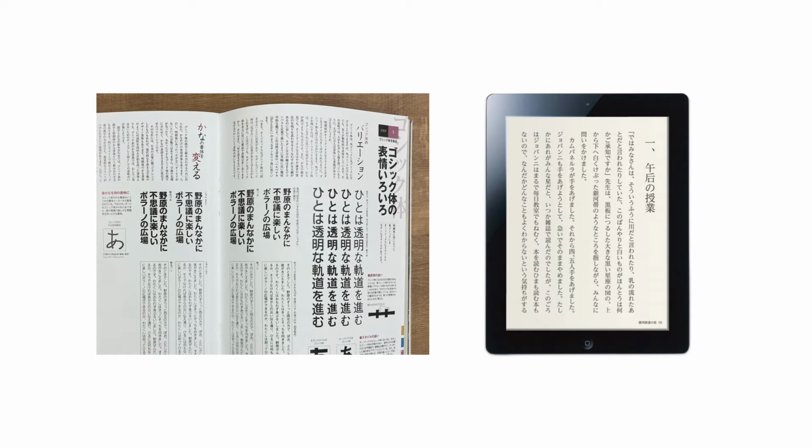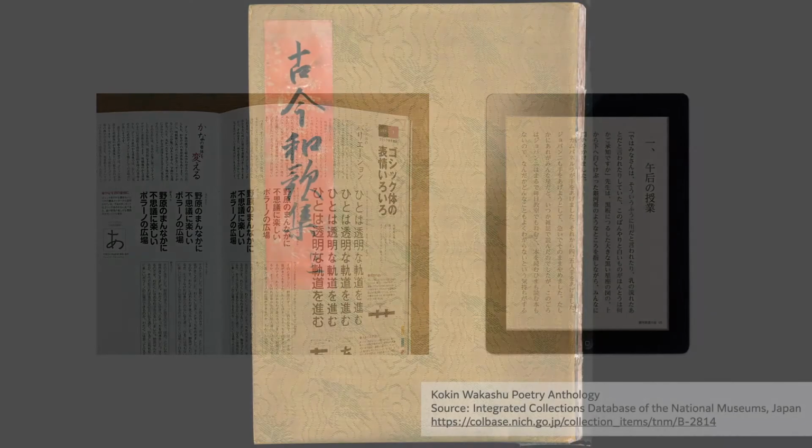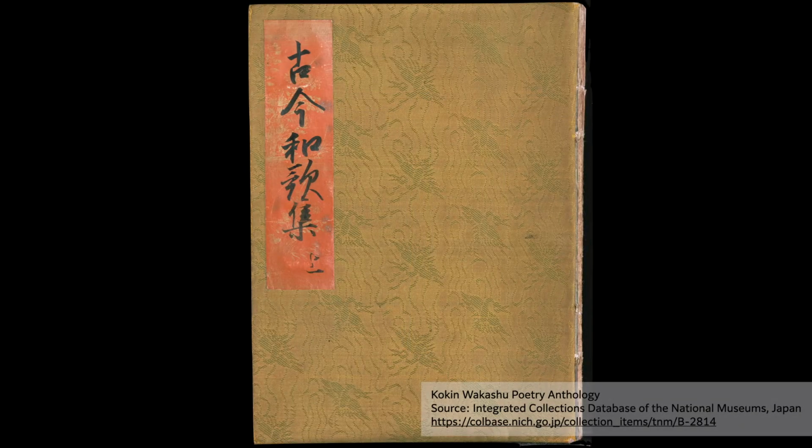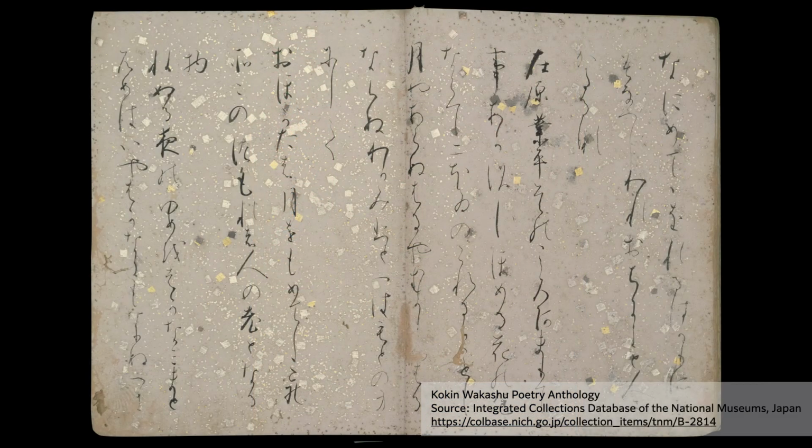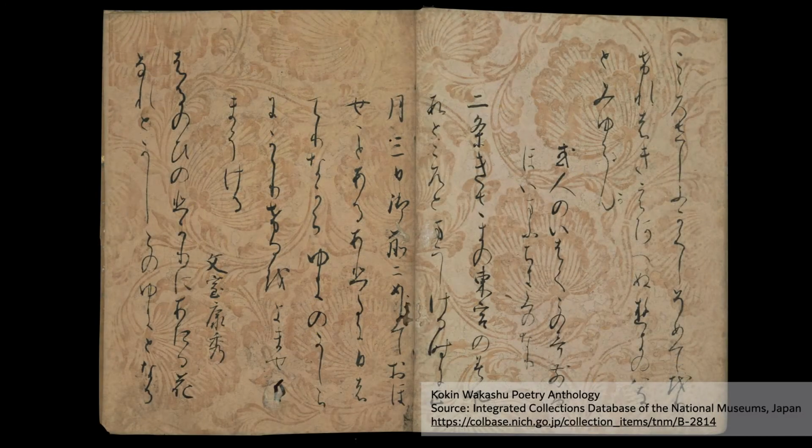Now let me explain how Kana, a character unique to Japan, was born. Here's a collection of old Japanese poetry from the 9th century, which was later revived in the 11th century. The letters are beautifully written on gorgeously decorated paper. The Japanese characters used today are written in this calligraphic style of that time. What I want you to notice is how these letters are connected by these long lines.